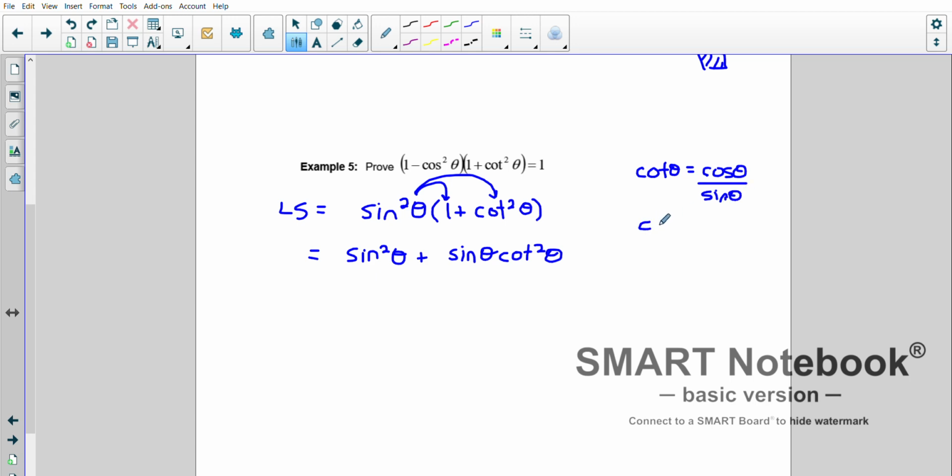Well, then if I square this, I guess I'll just do it up here. It's going to be this squared. Then cotangent squared theta equals cos squared theta over sine squared theta. So this is the identity that I'm going to put into this. And again, we'll just kind of see what happens.